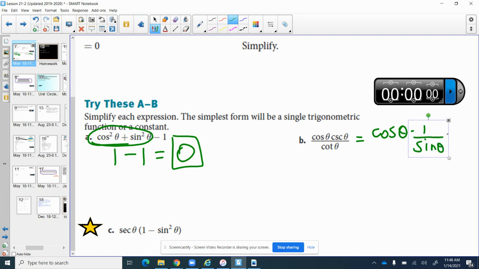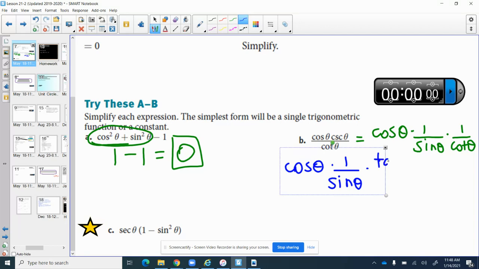And then we still have that cotangent theta in the denominator. Now, again, we probably want to rewrite this cotangent theta in terms of sine and cosine. But something that might be more helpful to start here is rewriting cotangent in the numerator using the reciprocal identity, because what this will allow us to do is not have a fraction within a fraction in our denominator.